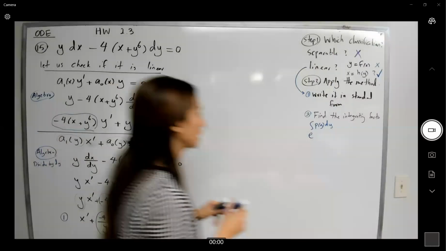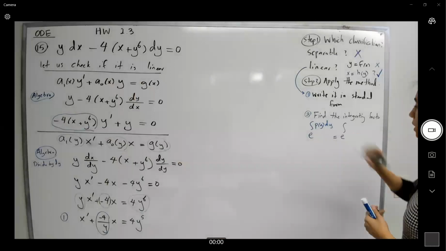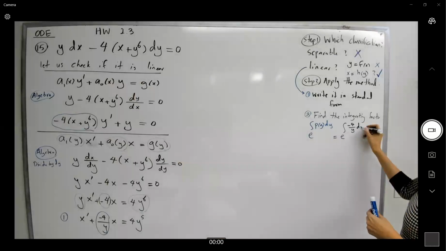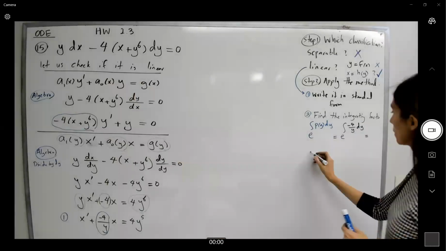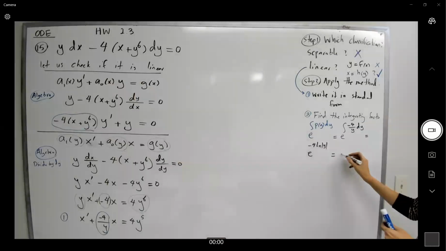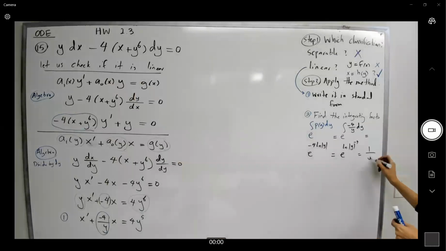Okay, let's calculate the integrating factor. It is equal to e to the integral of negative 4 over y dy, which is equal to e to negative 4 ln of the absolute value of y, which is e to ln of the absolute value of y to the power negative 4, or 1 over y to the 4th.